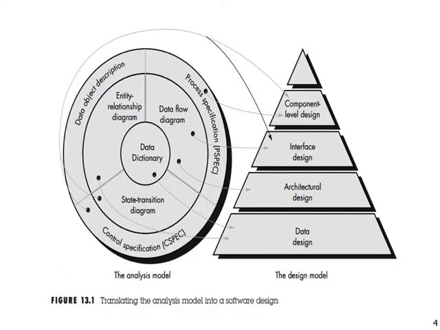Each of the elements of the analysis model, which we have already seen in the last module, provides the information that is necessary to create the four design models required for a complete specification of design.